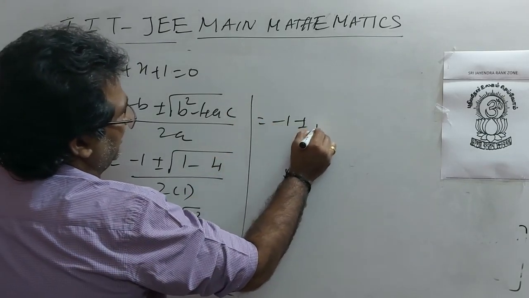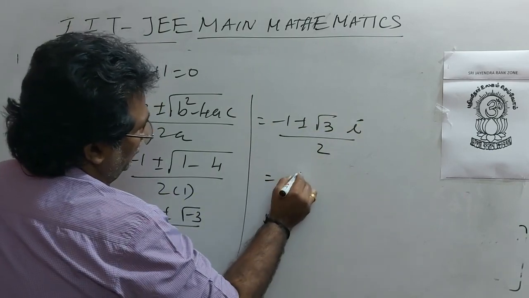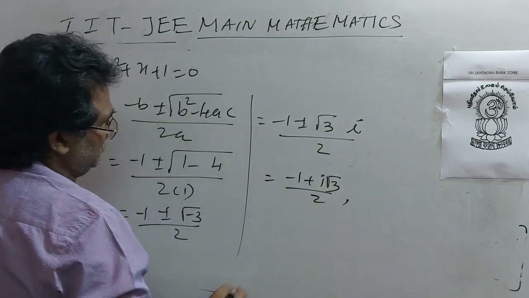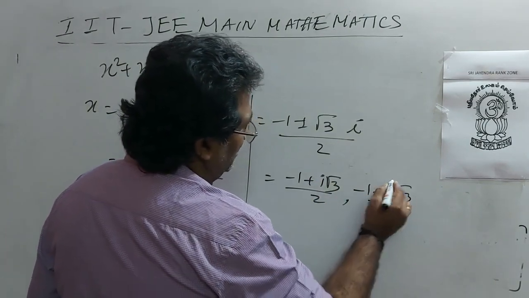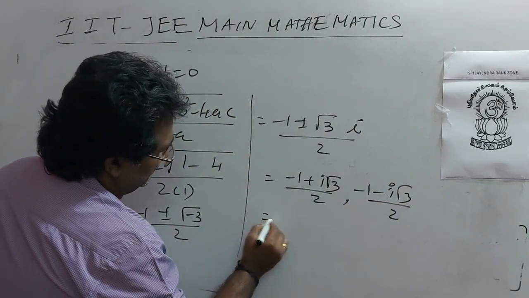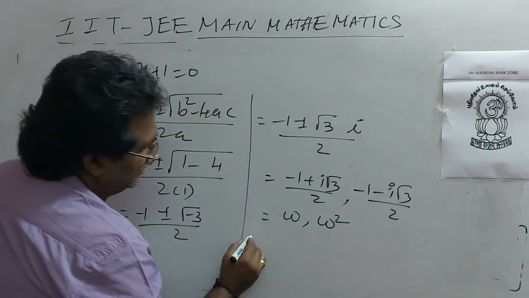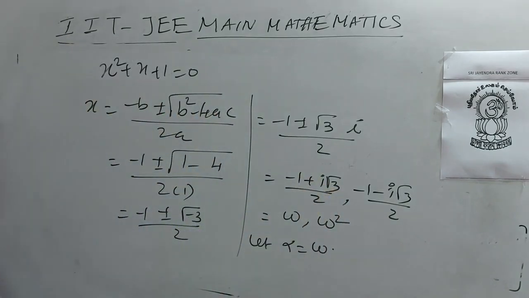Minus 1 plus or minus root 3 into i by 2. Minus 1 plus i root 3 by 2. Minus 1 minus i root 3 by 2. There are two roots. One root is alpha. This one is equal to omega. This one is omega squared. Let alpha equal omega.